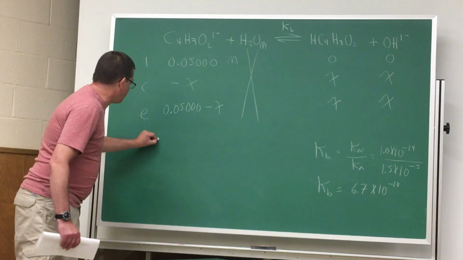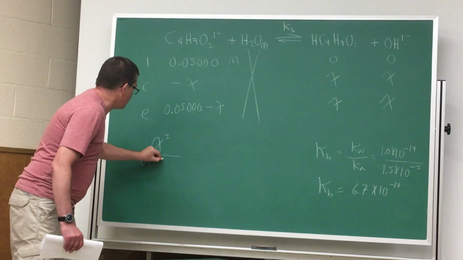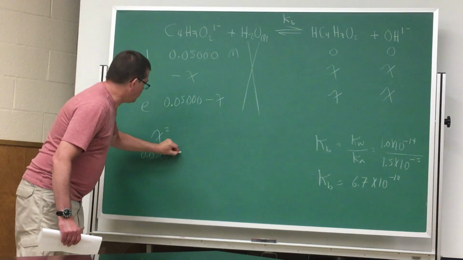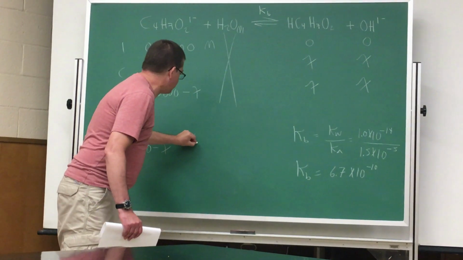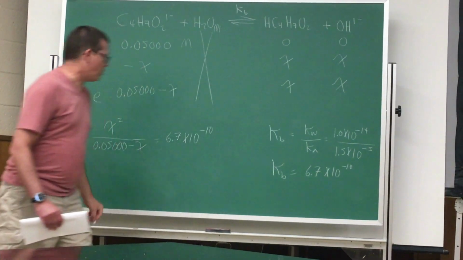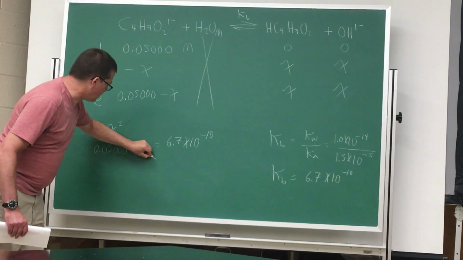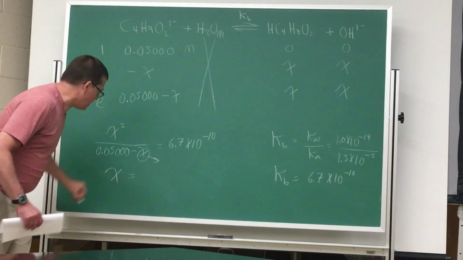So getting down to the law of mass action, I've got x squared over 0.05 minus x, and that's equal to my new Kb, which is 6.7 times 10 to the minus 10. All right, simplify. Pull out that subtracted x. Now you should be able to verify that I can solve for x.